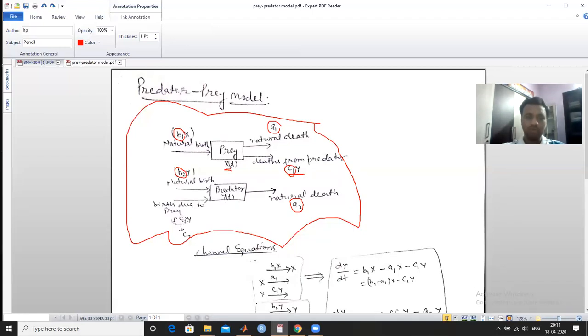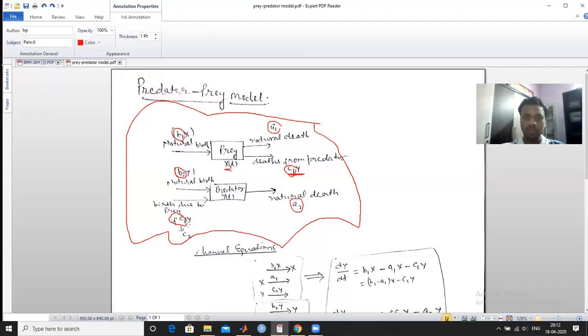Similarly, suppose this is C2, a different rate, right? But it depends upon C1. Why does it depend upon C1? Because the death of the prey due to the predator means these prey are consumed by the predator, so this death is used in the birth of the predator.